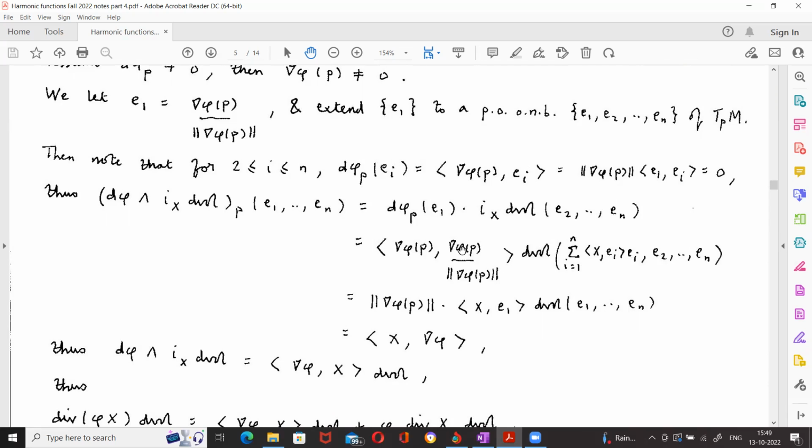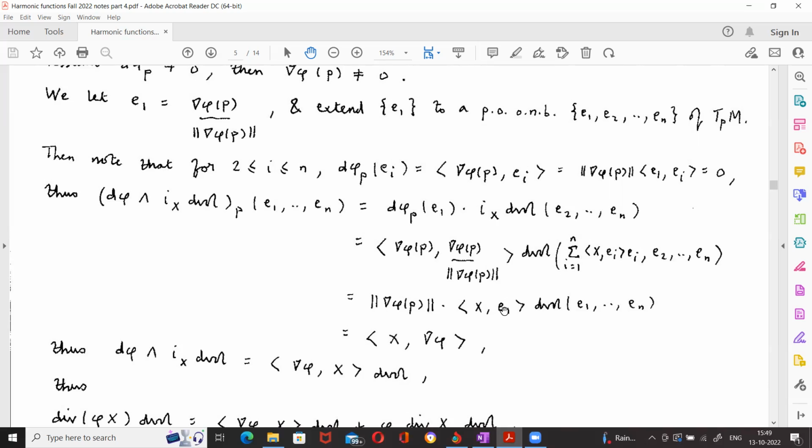So now what happens to this first term? This will give me grad phi squared divided by norm grad phi, so that gives me just norm grad phi. Now here again, if i is not equal to 1, then Ei will be repeated twice here, right? So I'll get 0. So the only term which will remain here is when i is equal to 1.